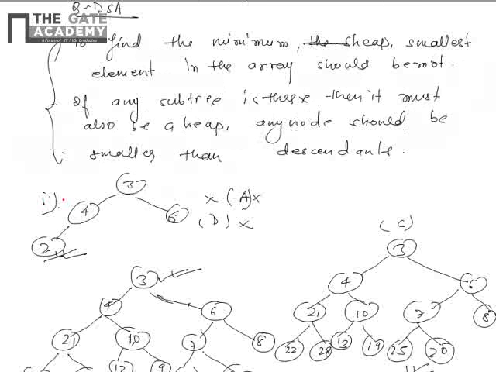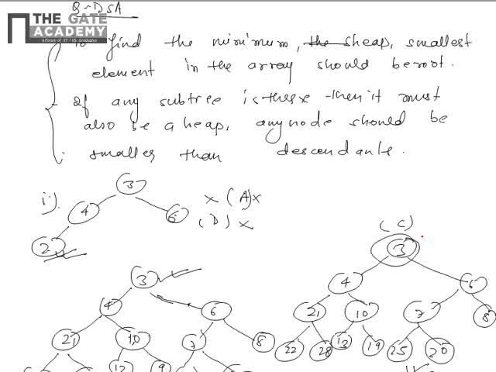Now the second part is: what will be the level order traversal after we delete the root? Okay, so again same thing we will see. If we delete the root, means we have to delete this root, then what will be the sequence and what will be the heap?